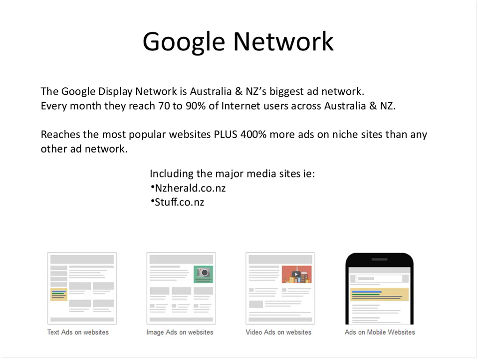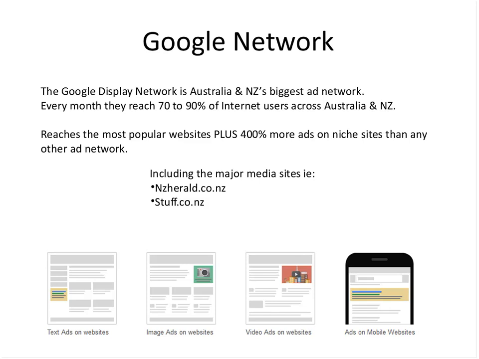They offer on all of those sites text ads, image ads, video ads, and then mobile ads. So let me maybe take you back a step here. They're selling inventory on other websites, and that includes the major media sites like New Zealand Herald.